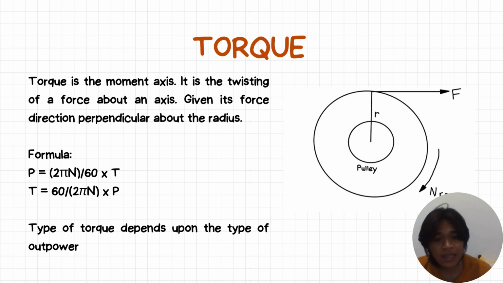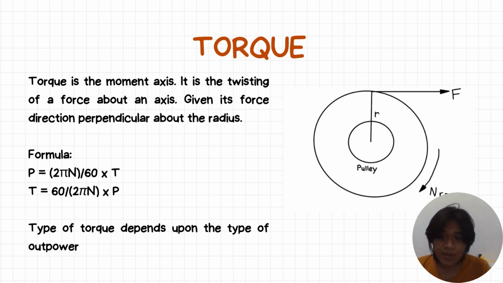It is the twisting of a force about an axis, given its force direction perpendicular to the radius, or the line from the center.